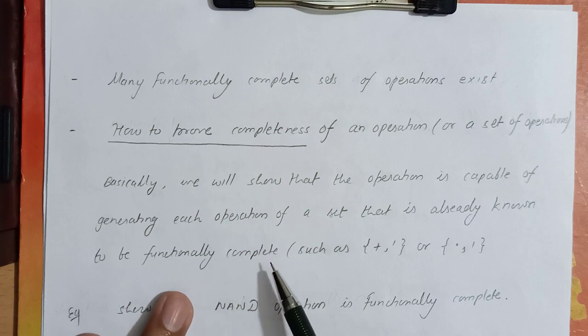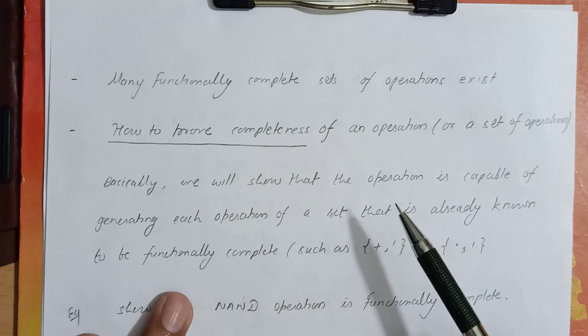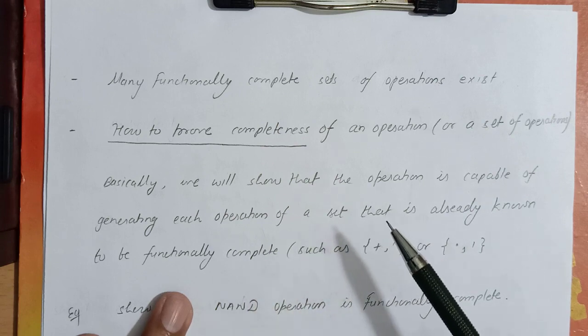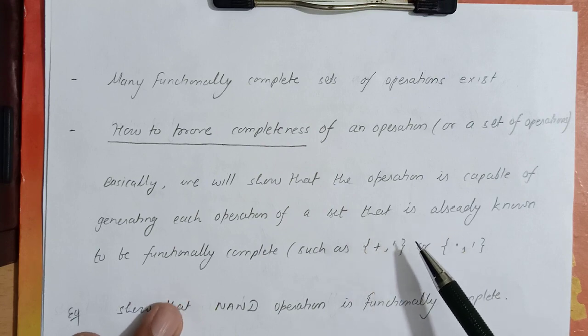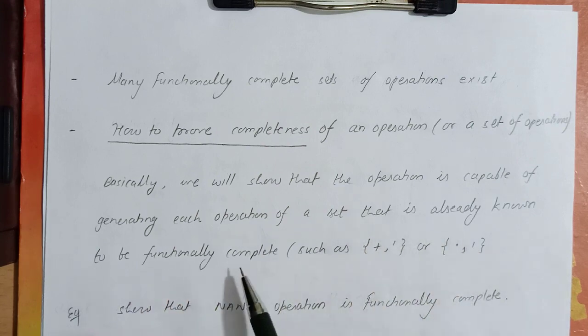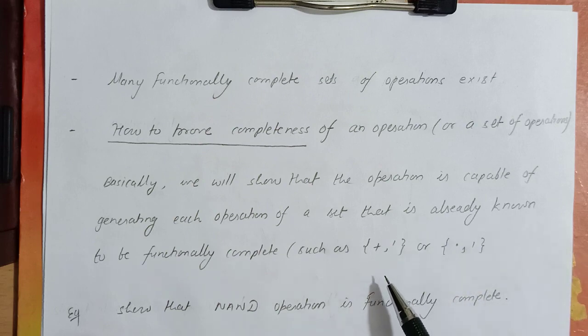But basically, to prove that any operation is functionally complete, we will generate each operation of a set that we already know is functionally complete.